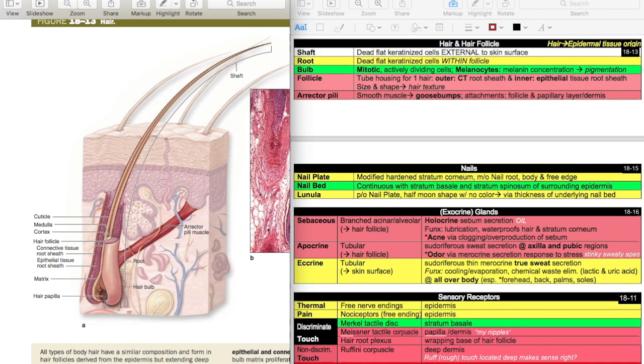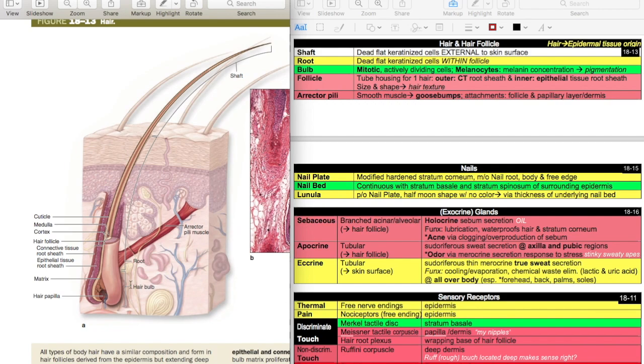It's its little house. The erector pili is smooth muscle, single unit smooth muscle, which you hopefully already know. It has its own nerve supply, and when you get goosebumps, this muscle contracts and pulls the hair to make it stand on end. Goosebumps, okay? Erector pili.